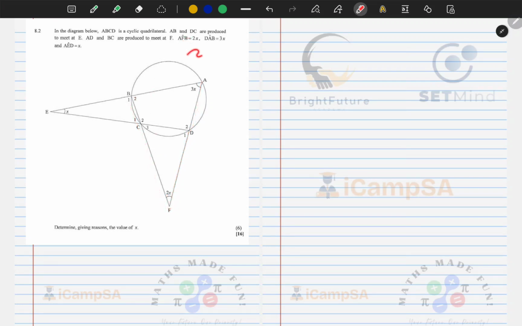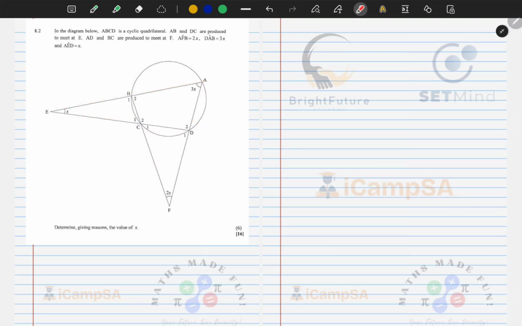And then we are being told that angle AFB is equal to 2x, and then angle DAB is 3x, and the last one is angle AED is equal to x. Great.